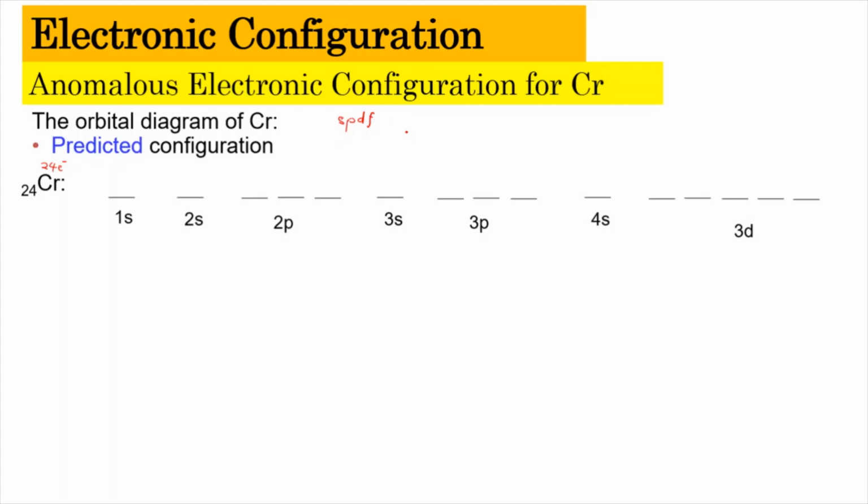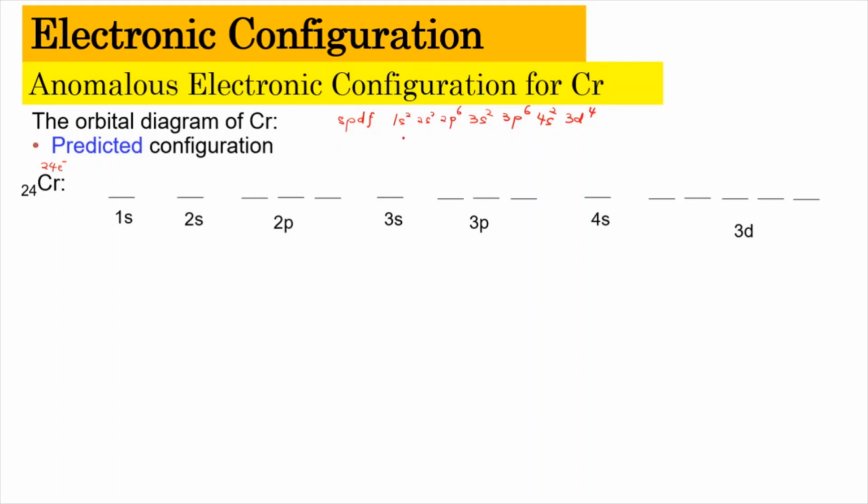So we have 1s2, 2s2, 2p6, so we have 10 already. And then we have 3s2, 3p6, 4s2, and then 3d4. So the total number of electrons here is 24.